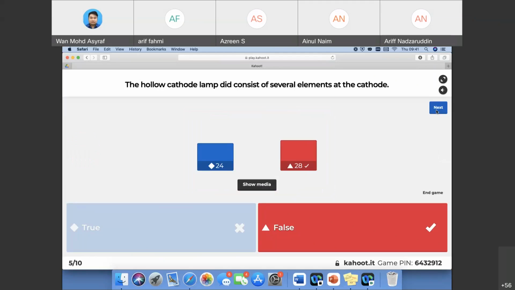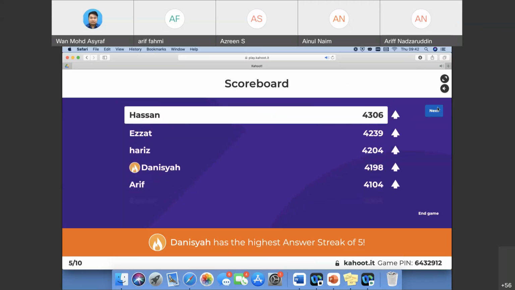The hollow cathode lamp does not consist of several elements. It only consists of one element at the cathode. As I mentioned before, if you are analyzing copper in your sample, your hollow cathode lamp needs to be a copper hollow cathode lamp, because the cathode is only going to be copper. So it only consists of one type of element. All right, so these 24 students, you need to know that. Hassan now is leading.